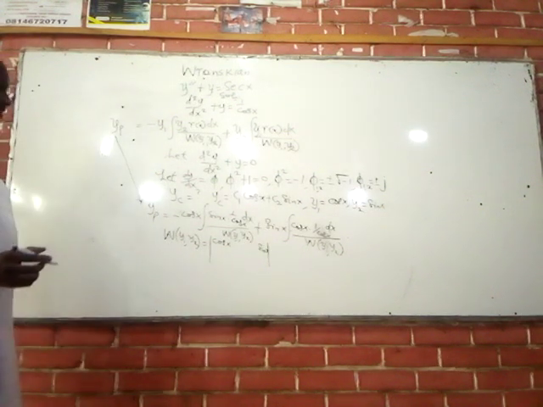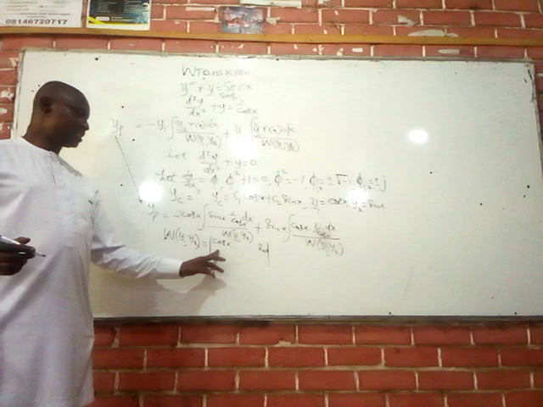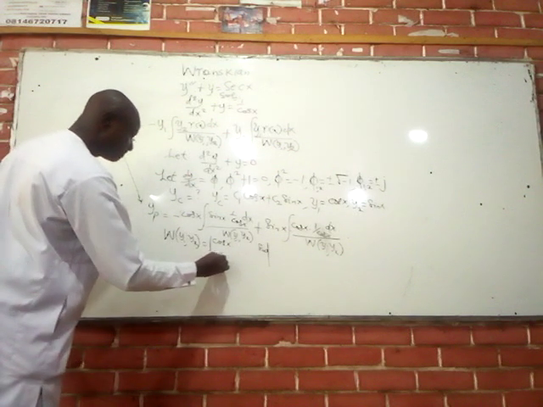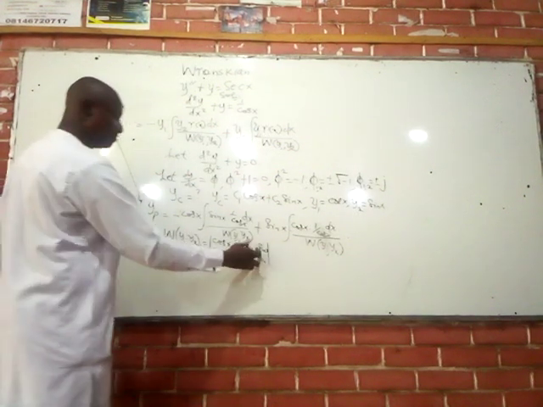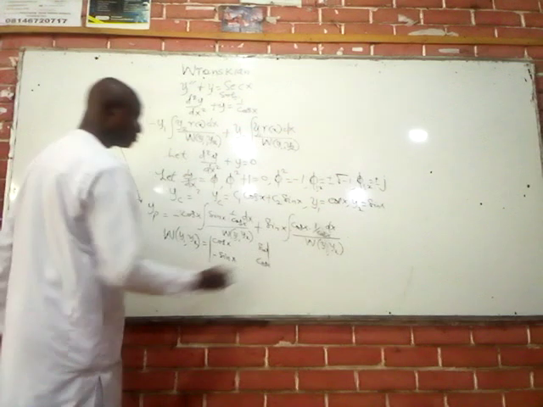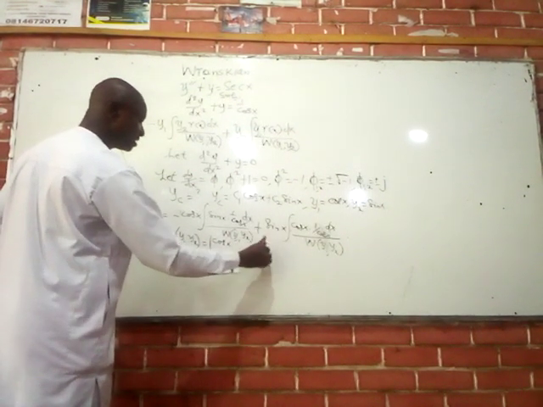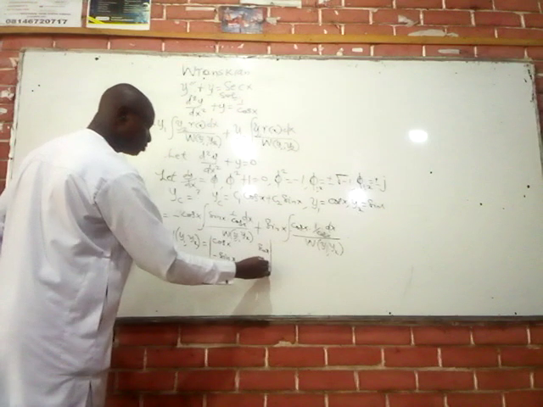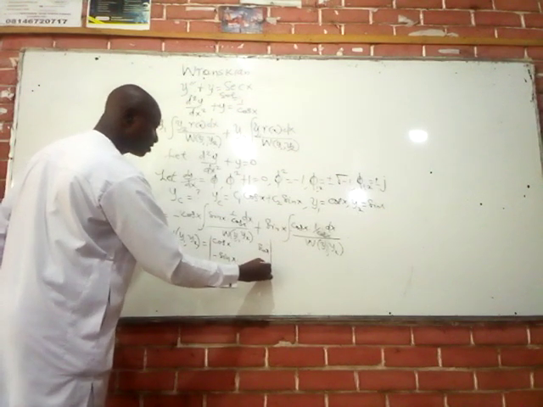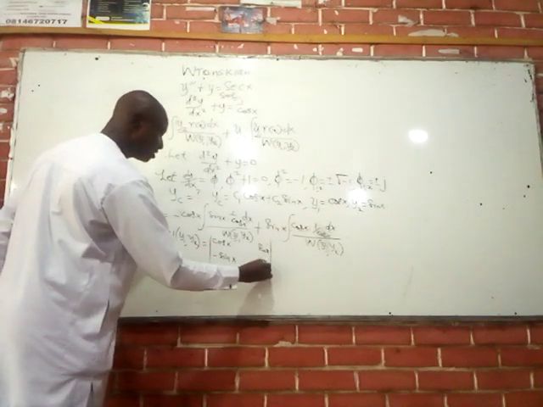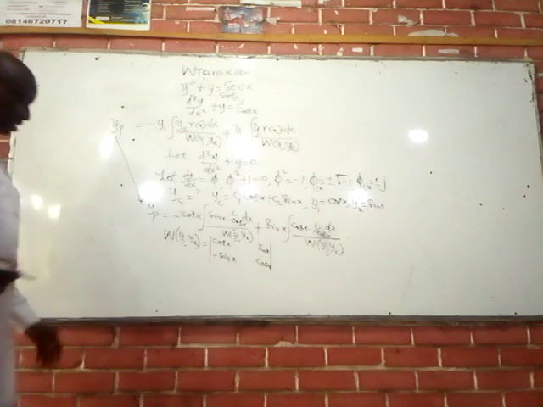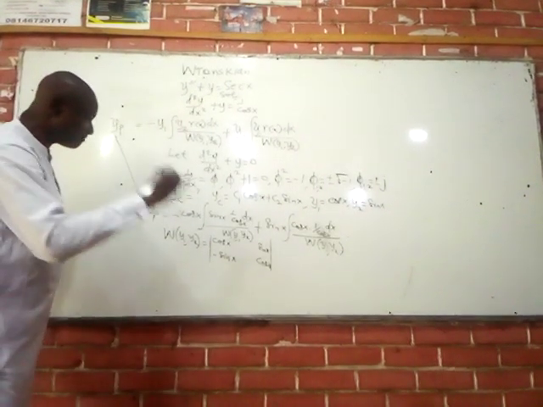Now, the derivative of cos x is minus sine x, and the derivative of sine x is cos x. When you have performed the WRONSKIAN analysis, which is the 2 by 2 determinant, an application of matrices, WRONSKIAN uses matrices to get the final value.